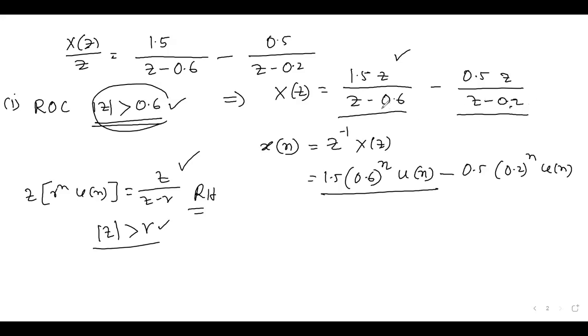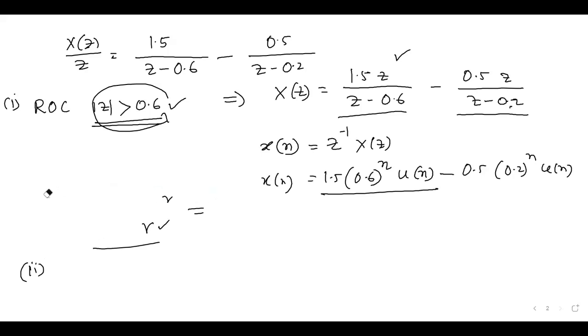Both conditions are satisfied, so x(n) is equal to this. Now case 2: in case 2 we're given ROC mod z less than 0.2.